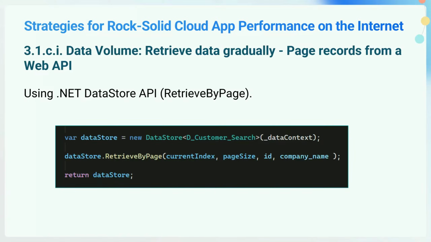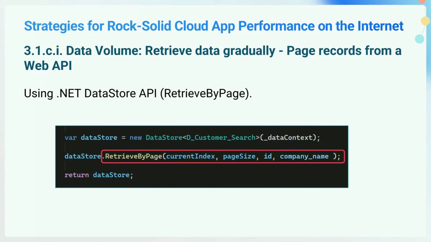Once you have this web API, you can customize it. For example, by adding a new function in the service and controller to retrieve data page by page. To do that, you call the retrieve by page function, passing the arguments: the starting record number, the page size, and finally the DataWindow arguments, if any.